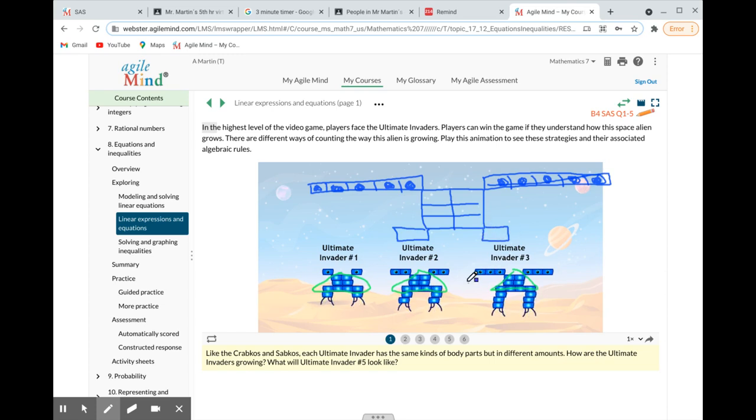All right, so when his legs grew on each one of these, the first one had 1, second one had 2, the third one had 3. So how many should he have? 5. All right.